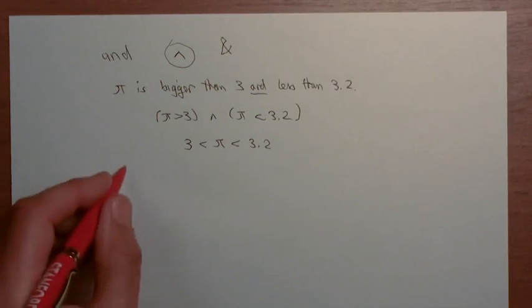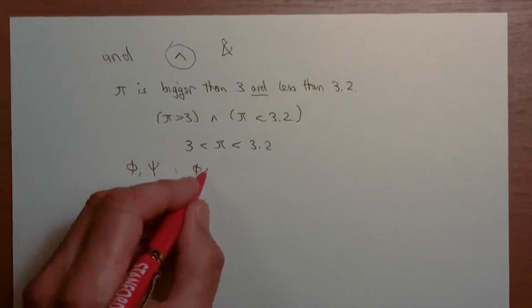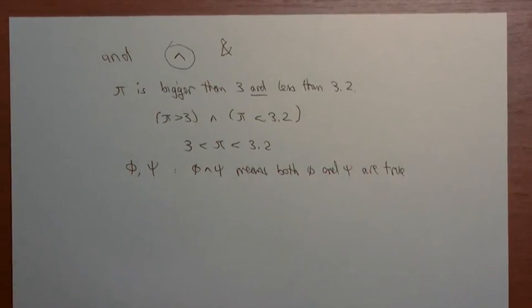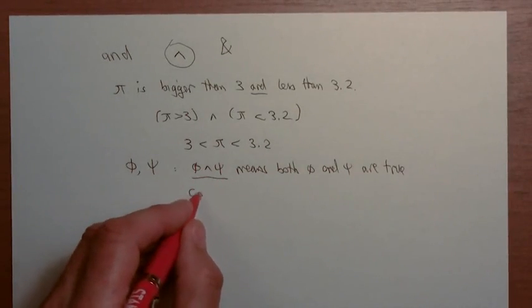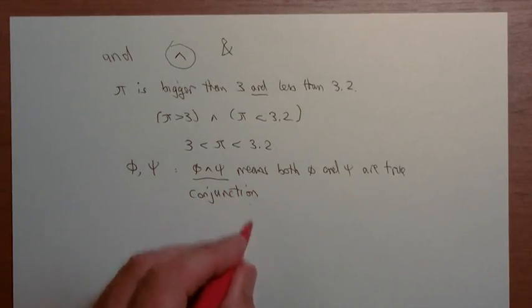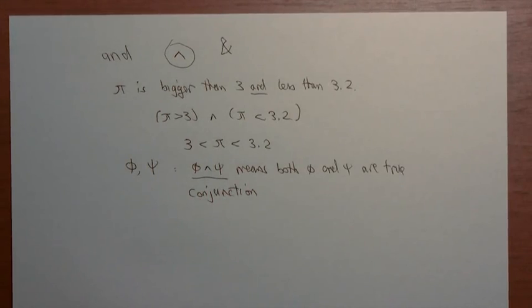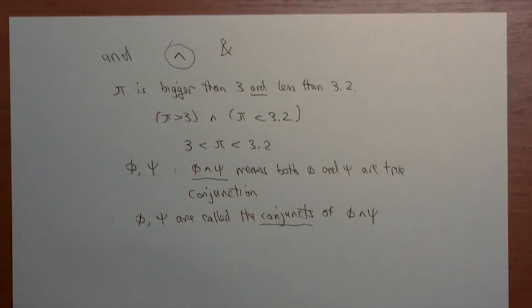What does it mean? Well, if we have two statements, phi and psi, phi and psi means that they're both true. The official term for an expression like this is the conjunction of phi and psi. Relative to the conjunction, the two constituents phi and psi are called the conjuncts of phi and psi.